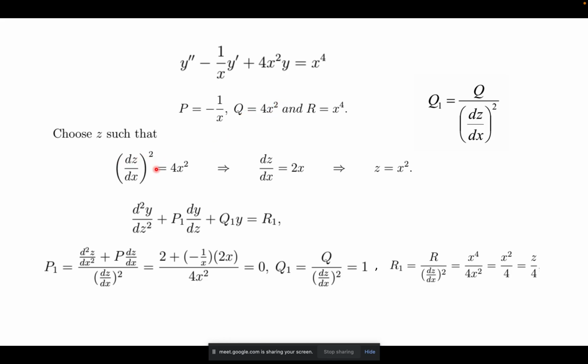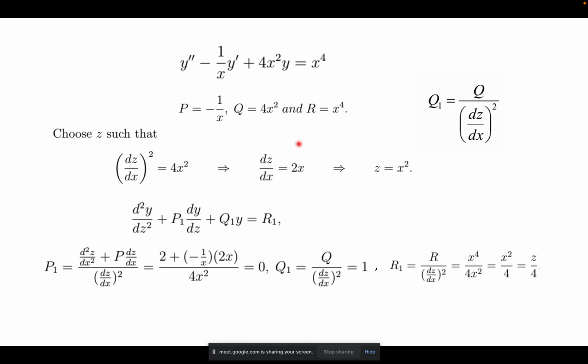Now, if you solve this, you get dz by dx equal to 2x, which is easily solvable because the square on both sides gets cancelled. And from here you can easily integrate this equation, and you get the value of z as x square, right?